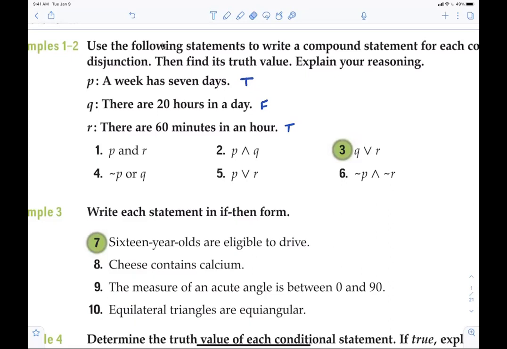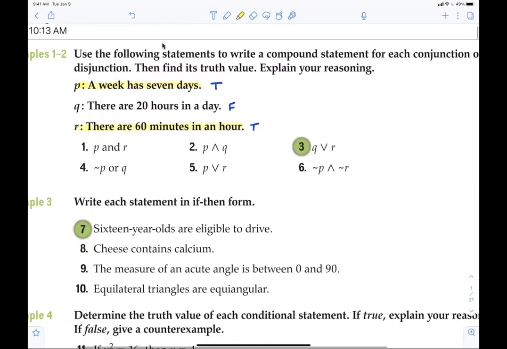Here is P. Hold on a second. Here is P and here is R. So you write a week has 7 days and there are 60 minutes in an hour. You agree with that now? That's all. And then it says, find its truth value. So is that true?